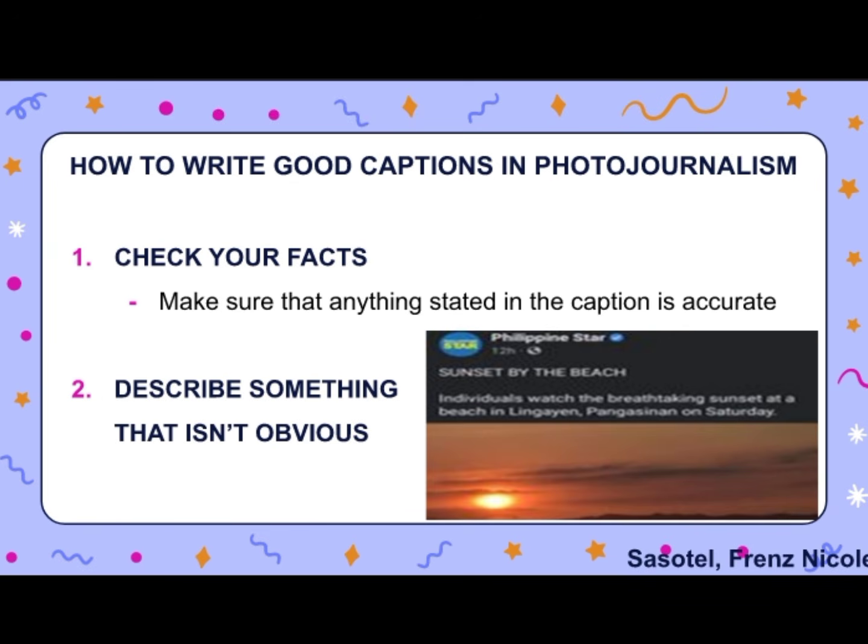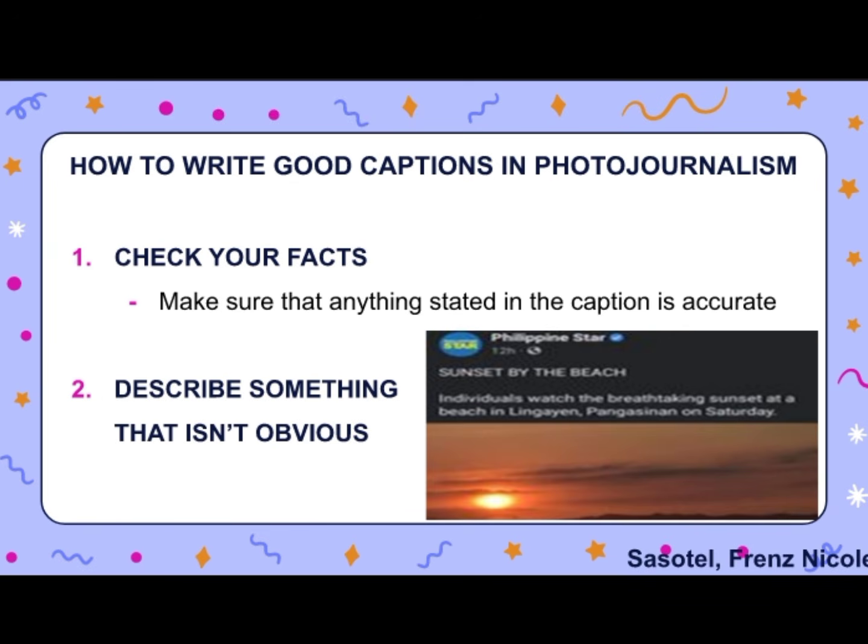As an example, take a look at this picture on the right side. I know that it is very small and it might not be visible on your end, but this picture is from the Facebook page of Philippine Star. This is the perfect example of writing a caption that isn't obvious.